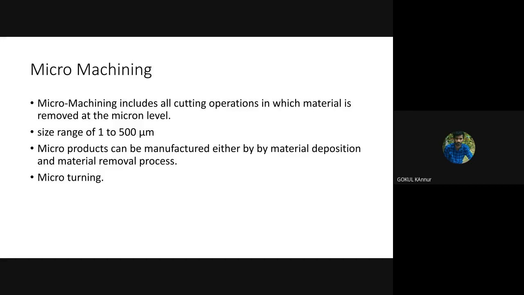That means the final component is made by removing the excess bulk which is not required for our end product. Material removal processes mainly include turning, grinding, slotting, shaping, anything where material is being removed.